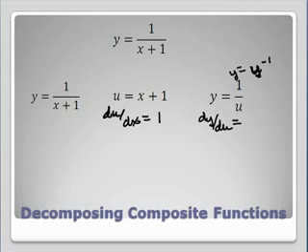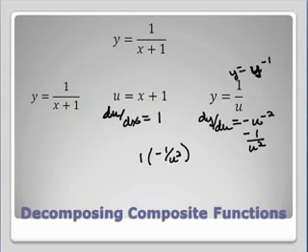So then we'd get negative 1 u to the negative 2, or negative 1 over u squared. Then the derivative is going to be the product of these two, so 1 times that. But I don't want the u in there, I want the x. So I have to replace the u with what it's equal to.